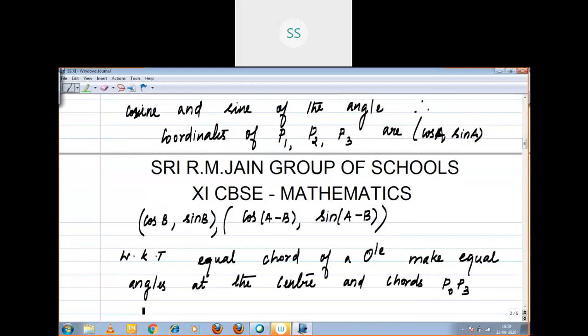and chords P0P3 and P1P2 subtend equal angles. This one you learned in the 9th standard, children. Subtend equal angles.